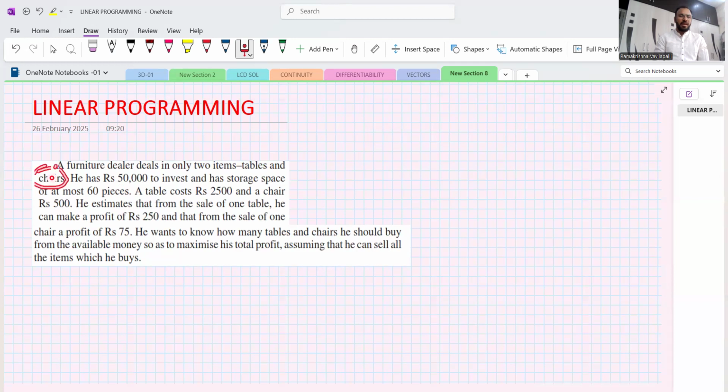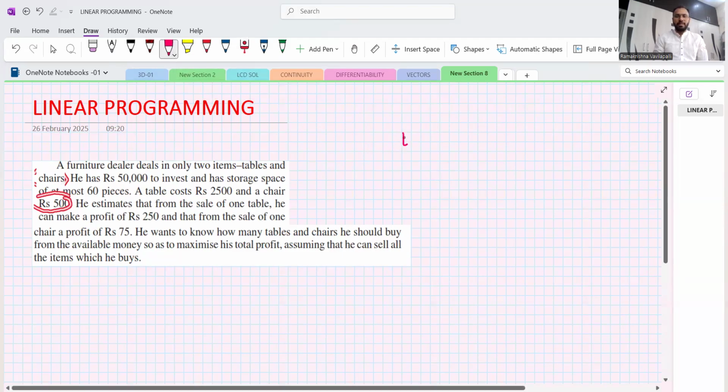Right. Now you see. A table costs 2,500 rupees. Price of table is 2,500 rupees and price of chair is 500 rupees.